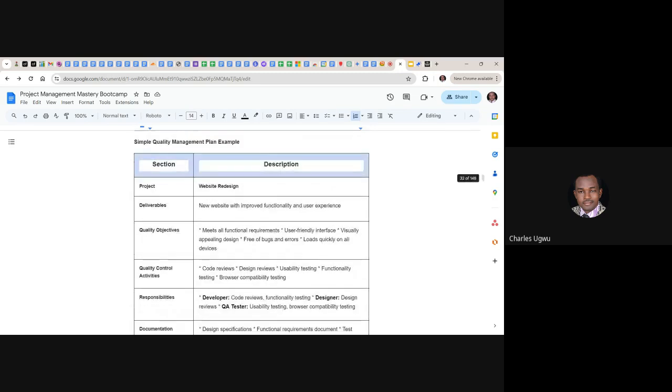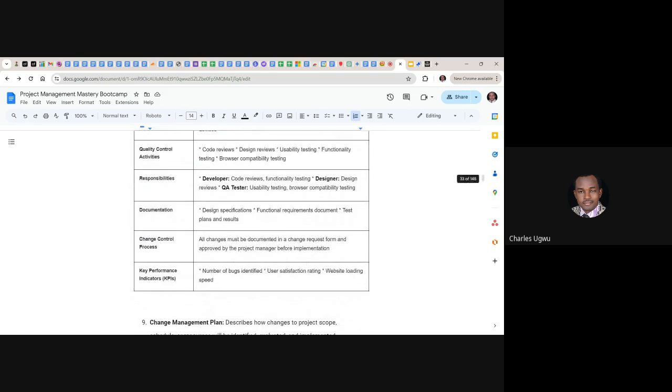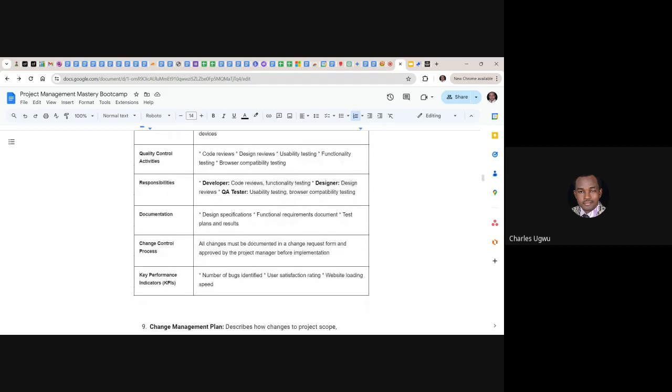Maybe this website we are talking about is a news website redesign, and the stakeholder is now requesting for us to add a shopping cart on this news website. It must be documented in a change request form and approved by the project manager before implementation. It's usually the duty of the project manager to take this further and make sure you get approval before any change can happen. So if you cannot get approval for a change to happen, a change cannot happen.